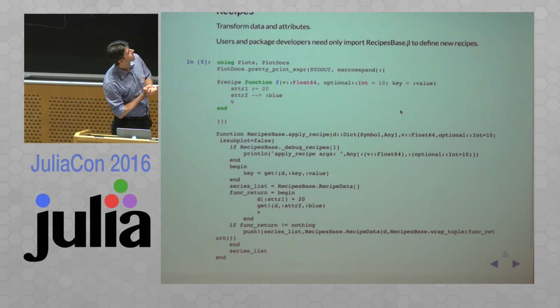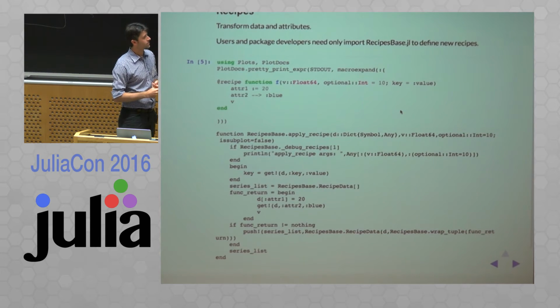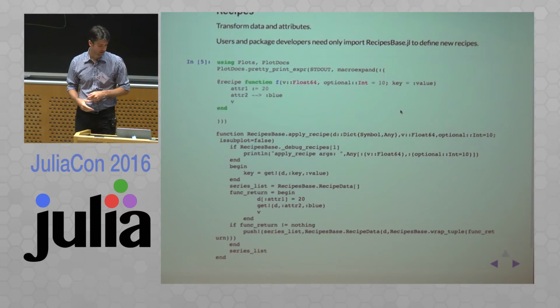The idea here is I've got an attribute that I'm going to set to 20, and then another attribute that I'm going to optionally set to blue, and I'm going to return v, our input value. This doesn't mean anything. I'm just trying to demonstrate what a recipe does under the hood.